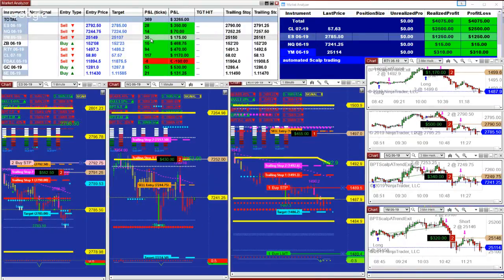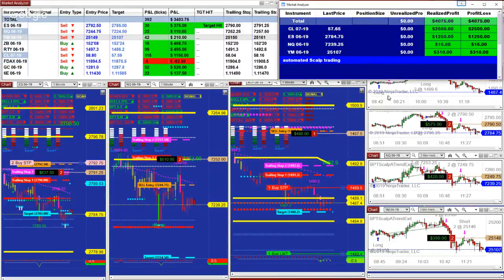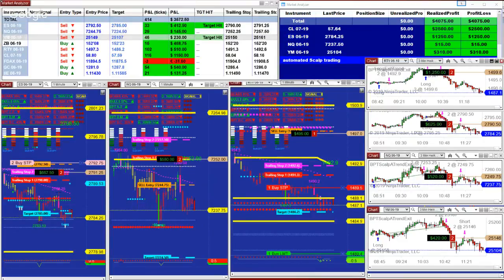Okay, we're about to hit the 400 ticks based on one contract. And there is much more to go. Much more to go on those trades.